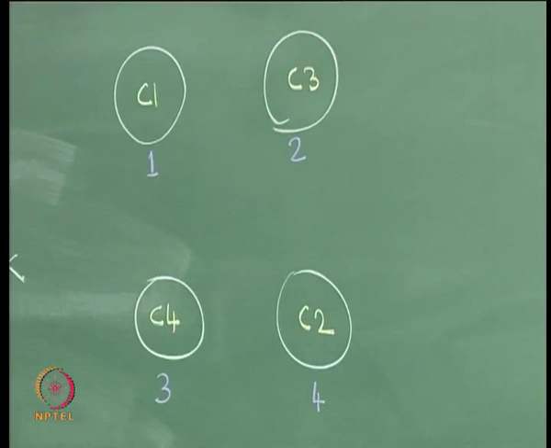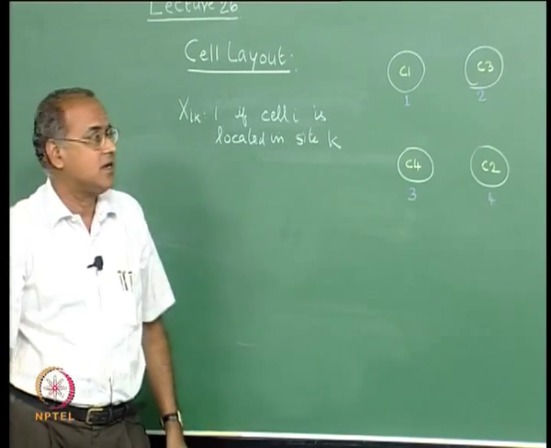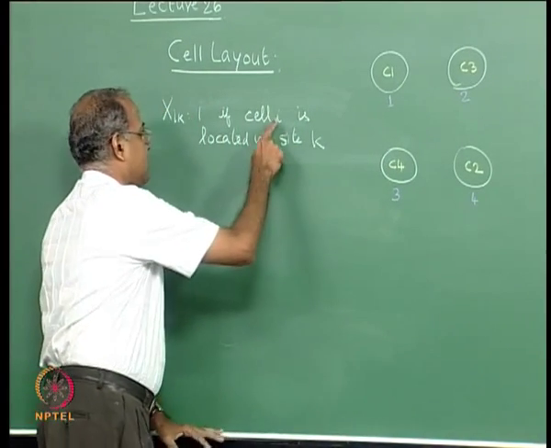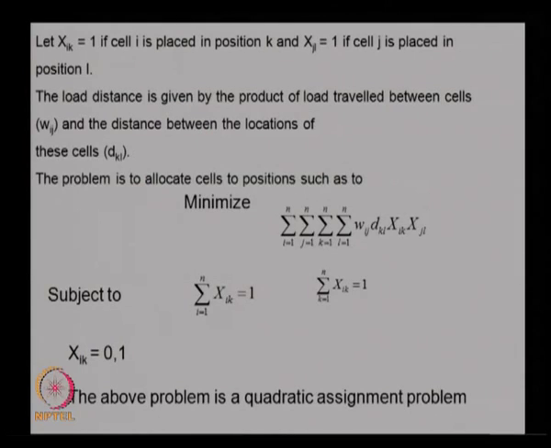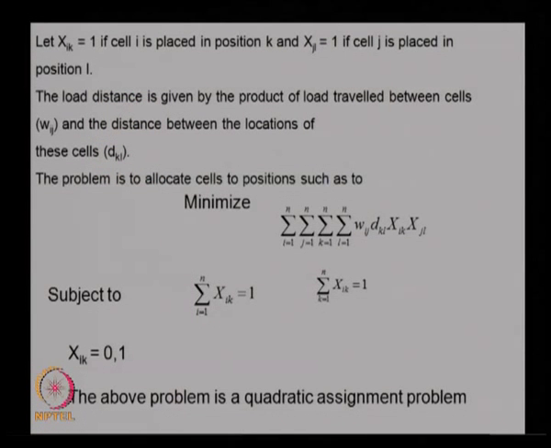This could be one solution, because cell 1 has a different set of machines, cell 2 has different sets of machines and so on. Now, if we do this, then x_ik equal to 1 if cell i is located in site k or position k. In the slide I have used a notation x_jk equal to 1 and x_jl equal to 1.